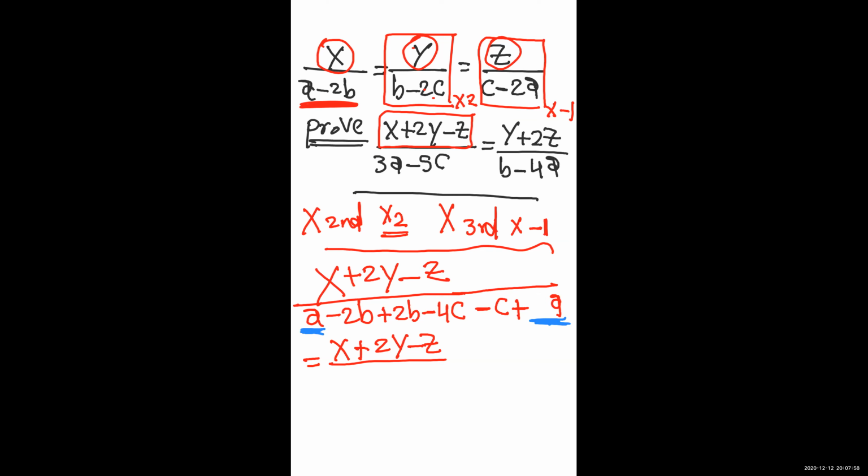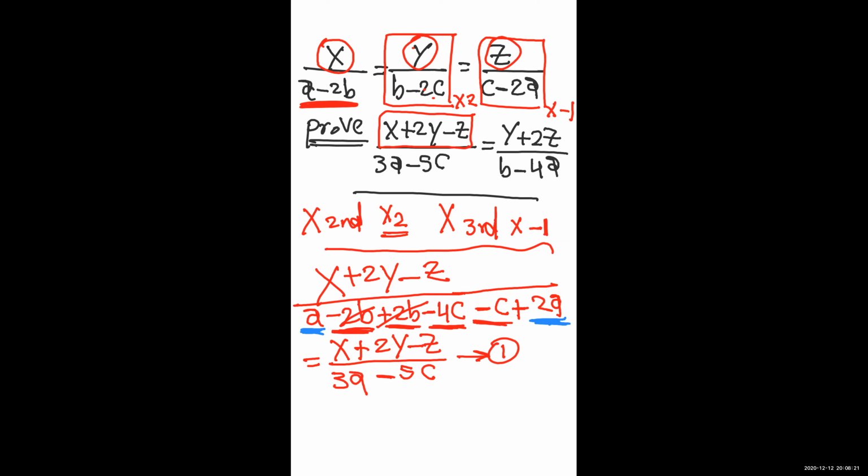Why 4? I was mistaken in this one, so this is plus 2a. Let's continue. a plus 2a means 3a. Negative 2b and positive 2b means 0. Negative 4c minus c means negative 5c. So this is the first one.